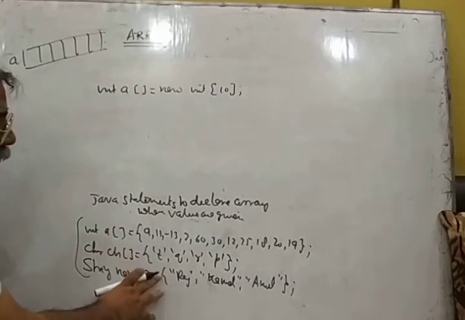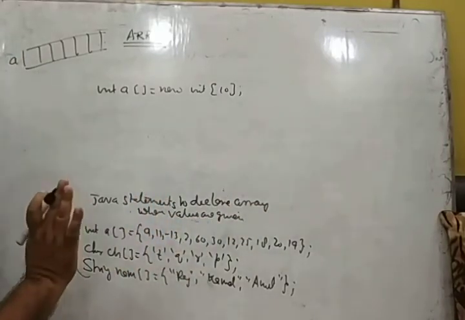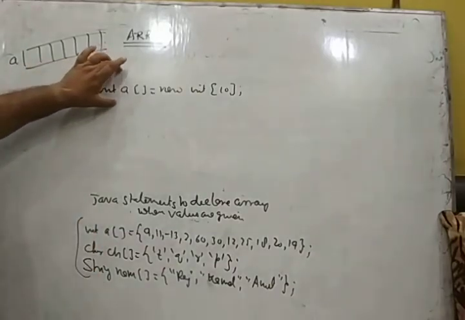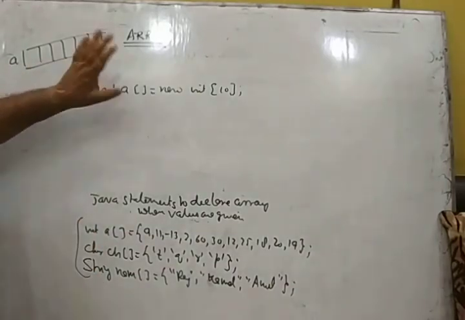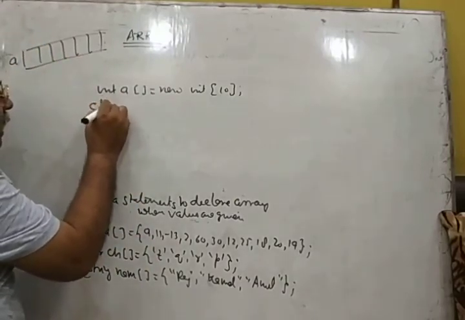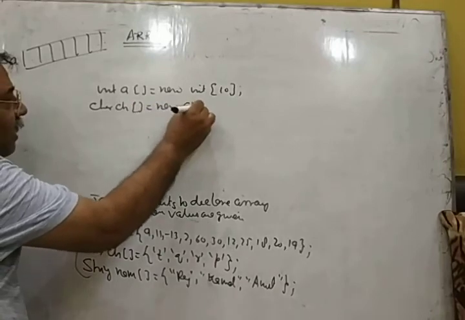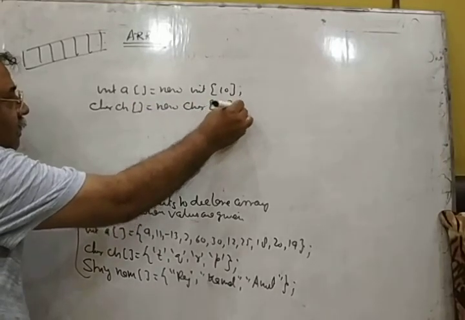This is the fixed type of problem where the values are given and these are the only values you want to store. But here you are declaring an array which is empty and later on you will fill up the values. So as in character, say char ch = new char[10].